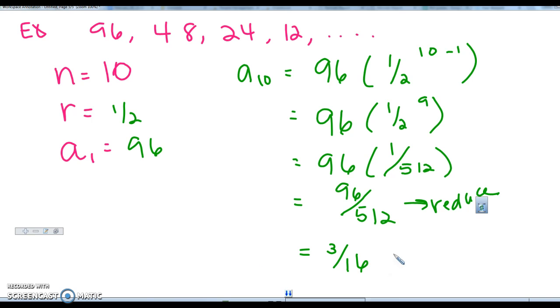So following that work, we have 1/2 to the 9th power. That would give me 1 over 512, which times 96 over 1 gives me 96 over 512. I do need to reduce that, and I get 3/16 as my answer.